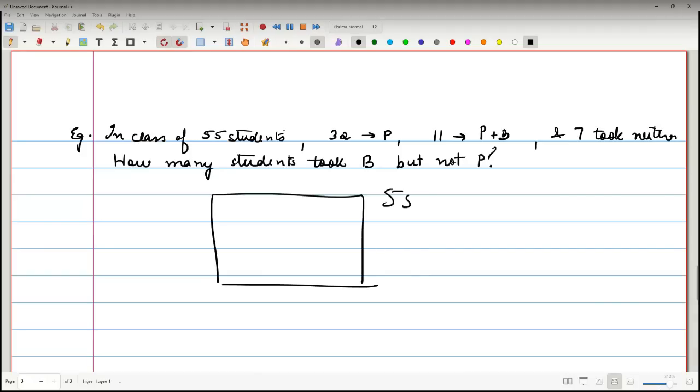So there are a total of 55 students. 7 have taken none of these. So 55 minus 7, you are left with 48, right? You are saying that only 2 subjects are there, physics and biology. Now 11 have taken physics and biology. So that means physics only can be taken by 32 minus 11, that is 21, right?